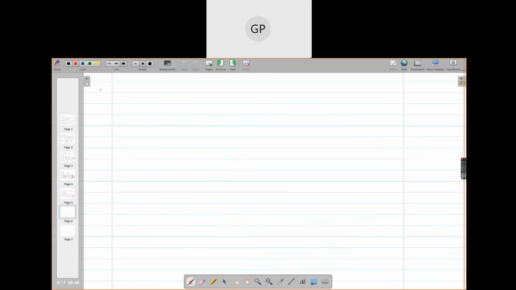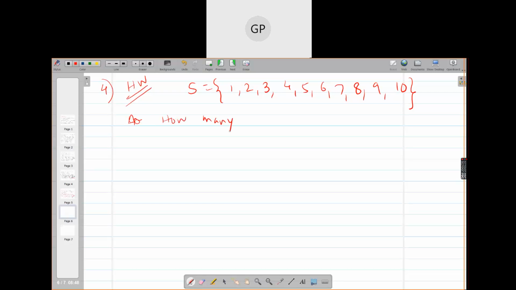मैं आगे का एक क्वेश्चन आपको दे रही हूँ होमवर्क के लिए. एक सेट ले लो. एक एलिमेंट हटा देती हूँ यहाँ से.